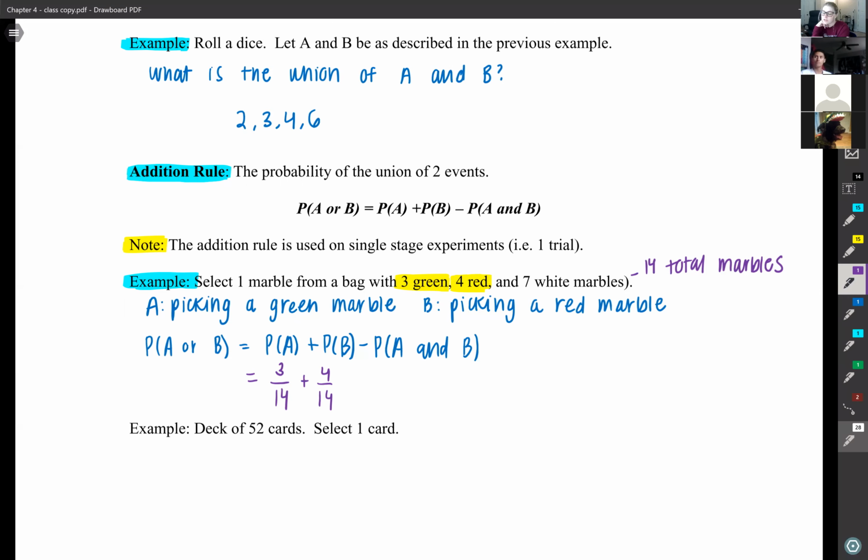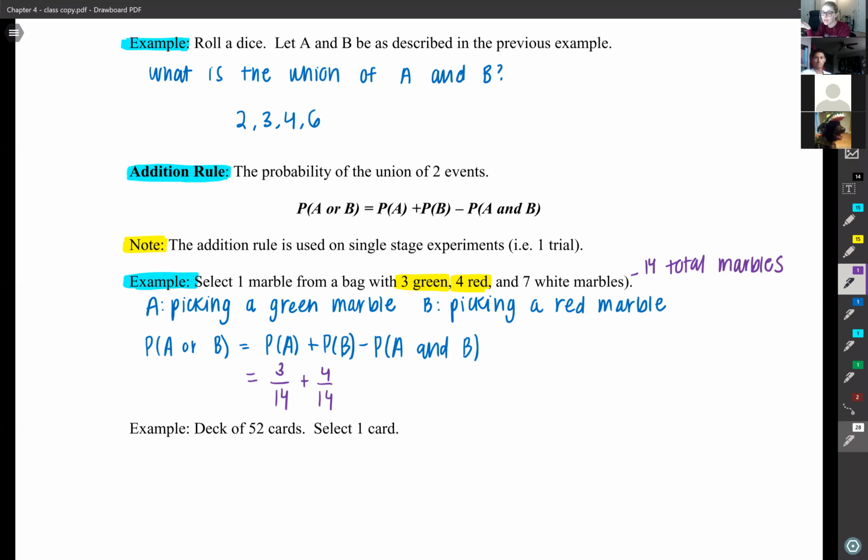All right, and then lastly, I have to subtract off the probability of A and B happening. If you really think about this, the probability of A and B happening would have to mean that I pick one marble out and it's somehow both red and green. That doesn't logically make any sense because I have 3 green and 4 red and 7 white, and there's no way I can pick a single marble out and get both green and red.